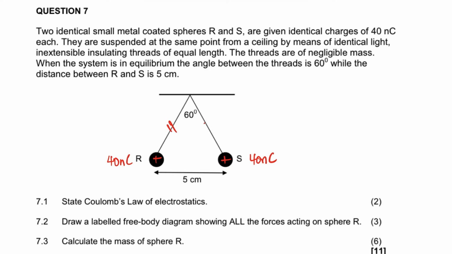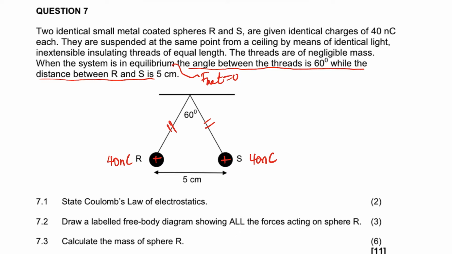Now it says the threads are of negligible mass, so we neglect the mass of that. When the system is in equilibrium, that means it is stationary, it's not moving. The angle between the threads is equal to 60 degrees, while the distance between R and S is 5 centimeter.